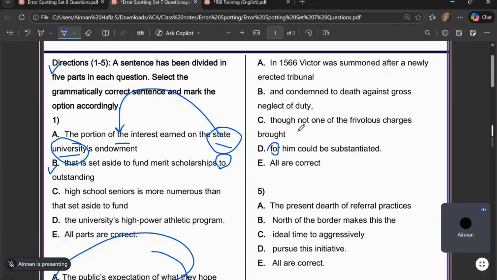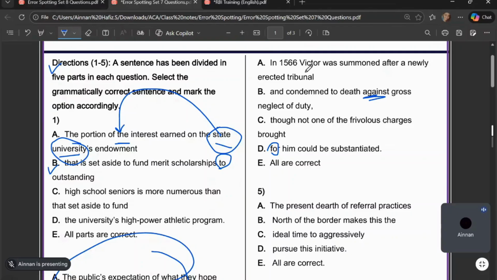Okay, one minute. Though not one of the frivolous charges brought against him could be sustained. In 1566, Victor was summoned after a newly erected tribunal and condemned to death against gross neglect of duty, though not one of the frivolous charges brought against to him. Here they're talking about the charges that are summoned on him, right? So how can the charges be against him? See, here you have the word against.